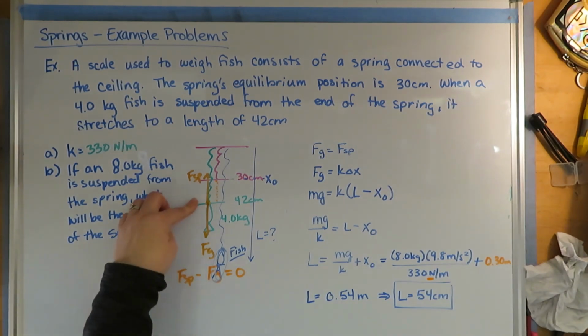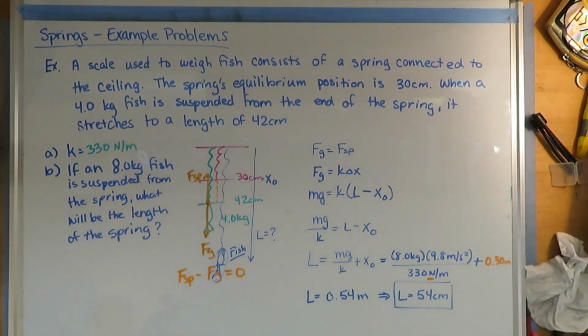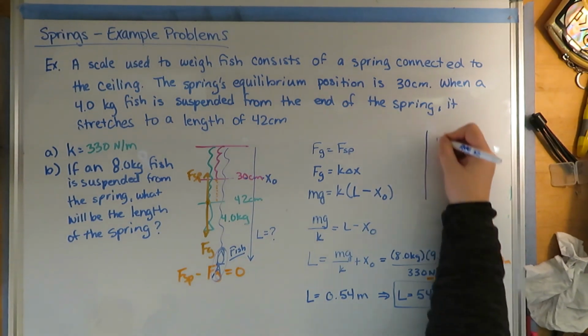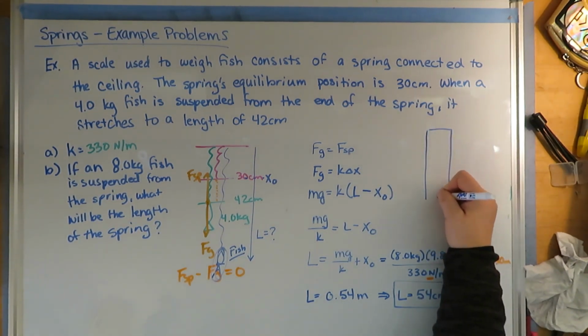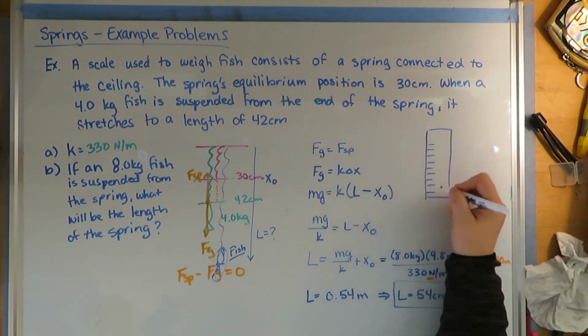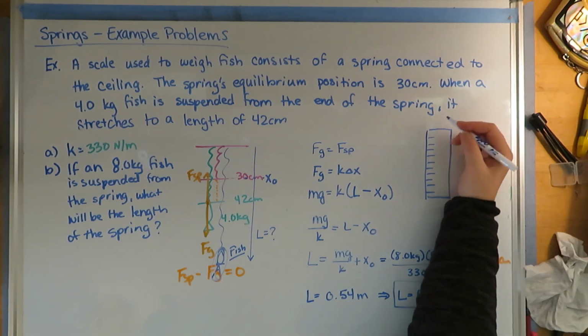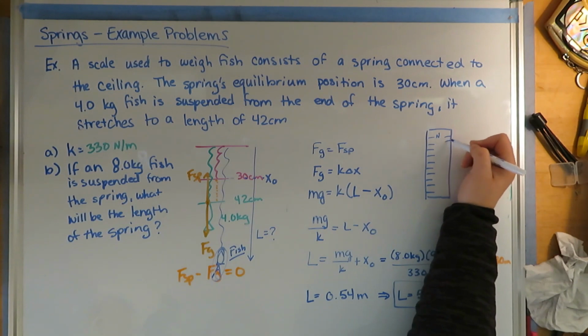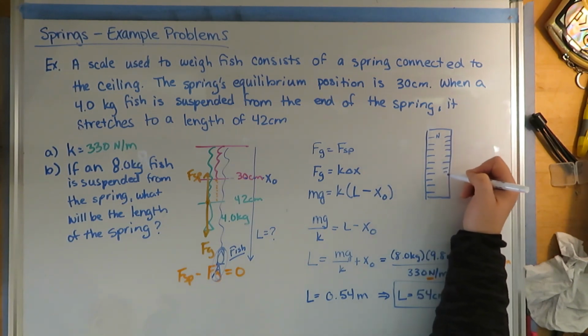Now this is actually how a spring scale works. I don't have one here while I'm making the video, but basically the way a spring scale works, and you've seen these in some of the videos, is it has markings on it. And the markings are often in newtons, but there's sometimes also markings that correspond to grams.